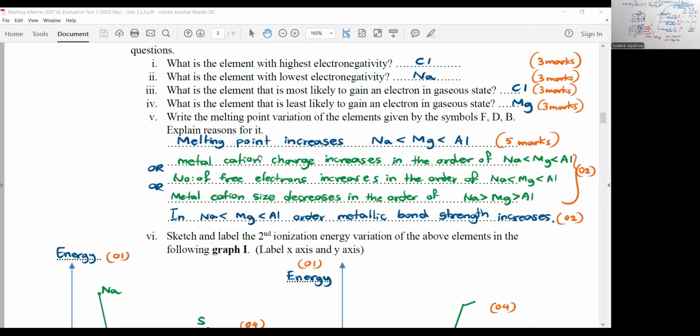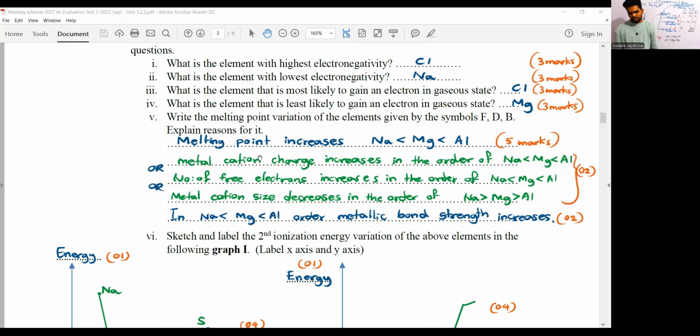Now this is the way you have to write it in the paper, the marking scheme. Simply tell that aluminium is better than sodium and magnesium. How are they getting better? You have to say the number of free electrons and charge are higher, and the size is low. Look at the points given. First you tell the correct order.